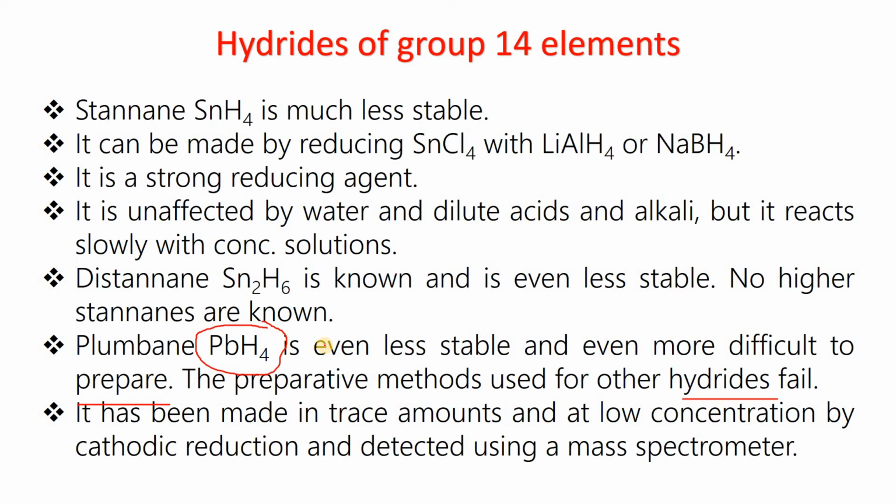It has been made in trace amounts at low concentration by cathodic reduction. We are taking the help of electrochemistry and detecting using a mass spectrometer. A mass spectrometer is a technique to detect fragments and ions.